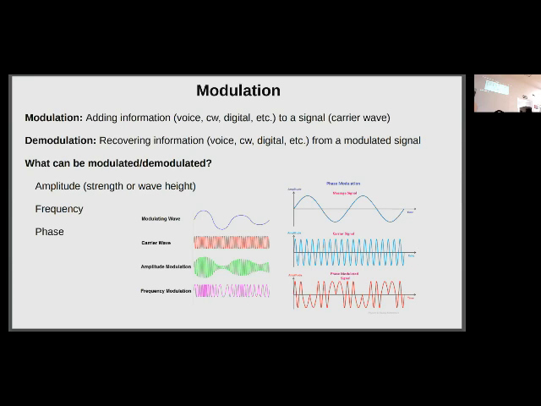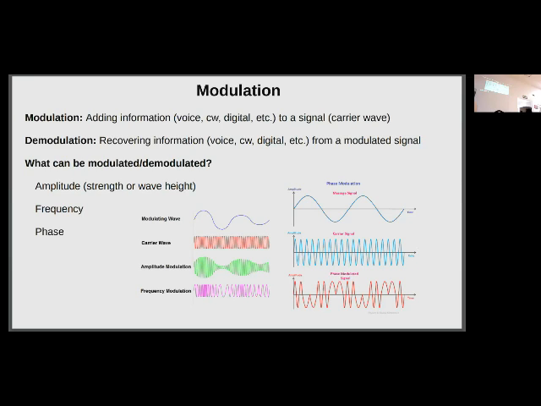Now FM, so using the same information right here, your voice, right? We use the same carrier wave. That's just going up and down. Now, does the height of these peaks right here vary? No. So they're all the same height, right? So it's not amplitude modulation.